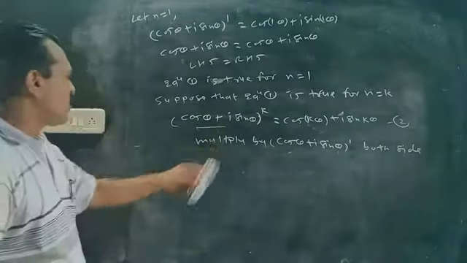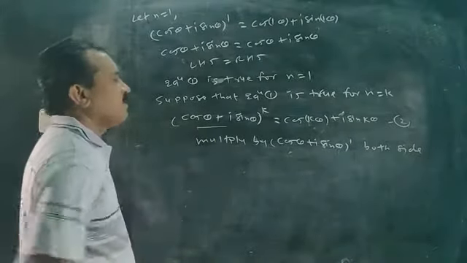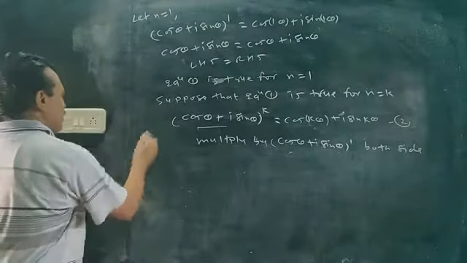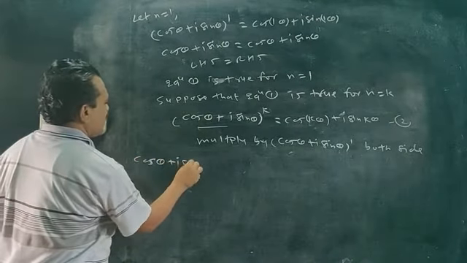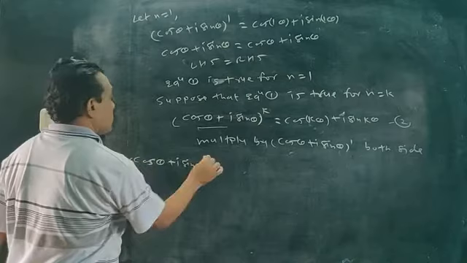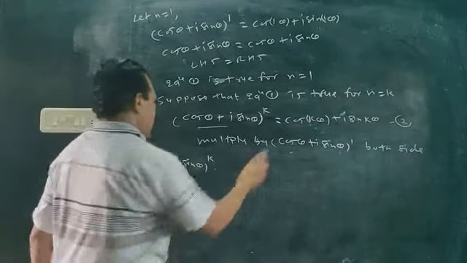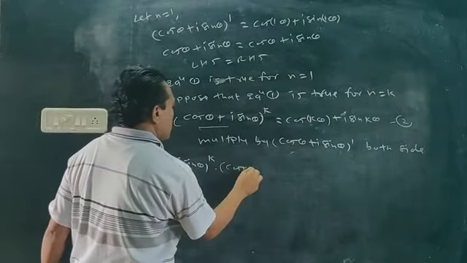Okay, so what do you get? Cos theta plus i sin theta raised to power k already, now multiplied by this term.